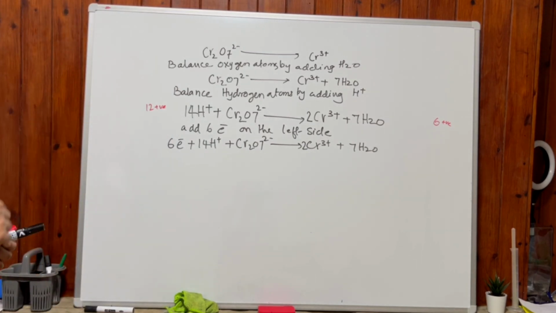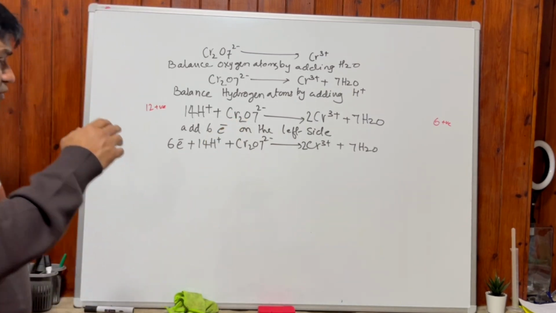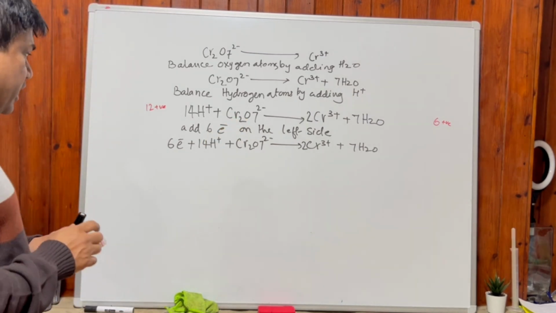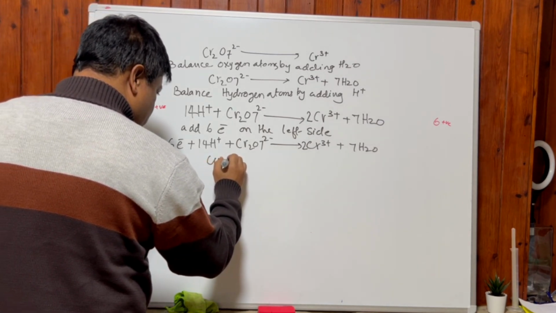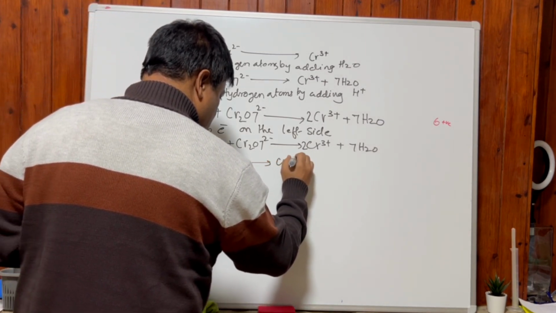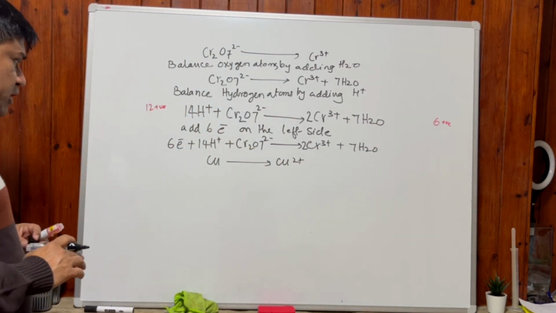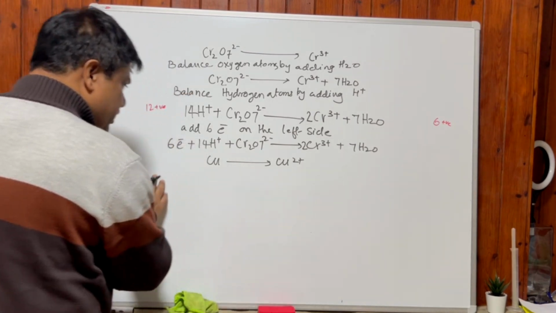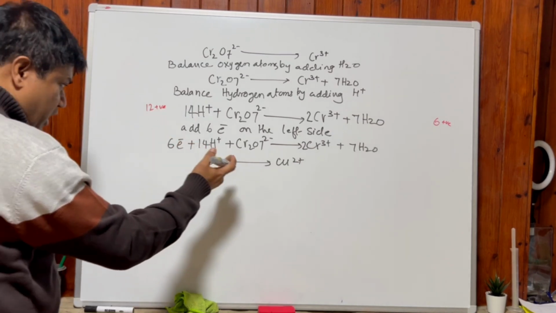Now it oxidizes. I told you potassium dichromate is a well-known oxidizing agent. It oxidizes copper Cu to Cu2+. It's taking the electrons from the copper. Now how many copper on each side? 1 and 1. You don't need to balance copper. Is there any oxygen?